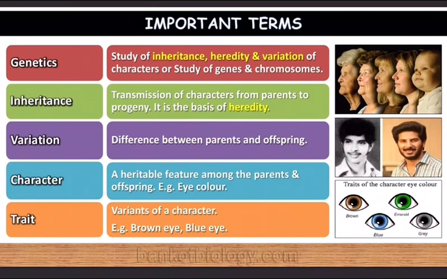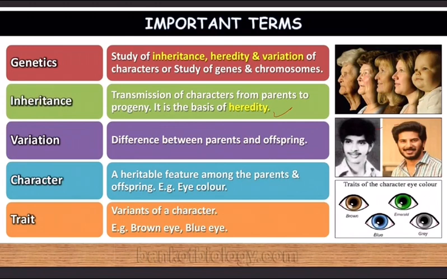So genetics is the branch of biology that allows us to study genes and chromosomes. Next, inheritance. Inheritance is the transmission of characters from parents to offsprings, and this transmission is based on heredity. So inheritance is basically transmission of characters.